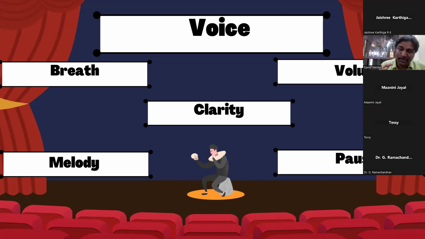This is possible when we stretch the vowel sounds a wee bit more. So whenever you come across sounds like a, e, o, u, these are the sounds we stretch a wee bit more. And that is how we achieve clarity. And also be very careful about what kinds of sounds are possible for being mistaken for one another. For example, sounds like B and P may get mistaken for each other.